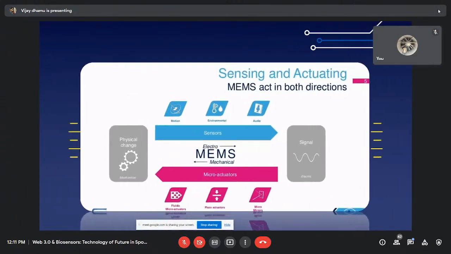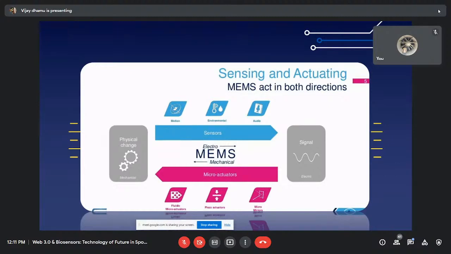Fluidic micro actuators. These sensors are used in sweat analysis or lactate analysis. Piezo actuators, micro mirrors. Micro mirrors are used in nanorobotics or in biomedical sensors. Motion sensors include a sensor called the IMU, inertial measurement unit.